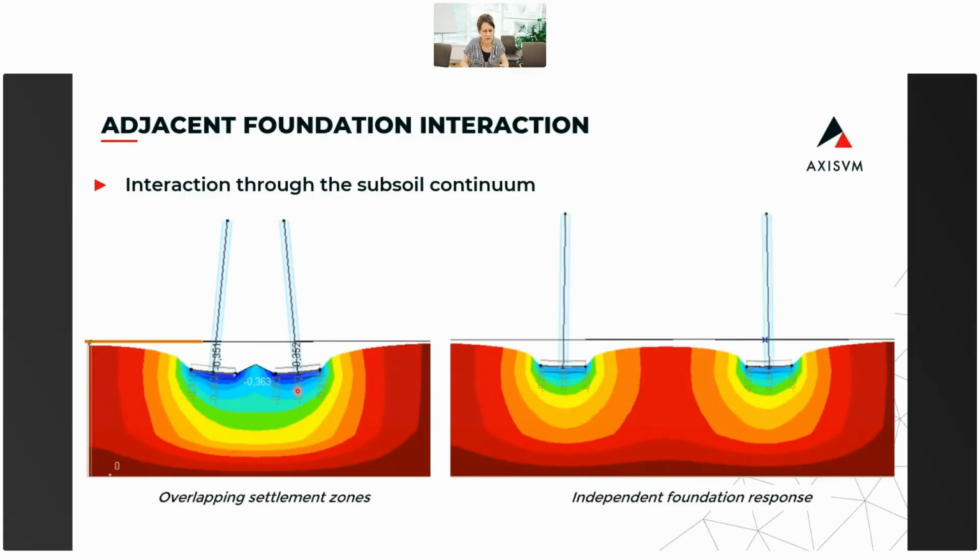This situation can occur, for example, at expansion joints, very close columns, neighboring buildings, industrial buildings, and heavily loaded cores. The structure itself may be separated while the soil remains a continuous system. This continuity creates interaction, and in certain cases, this interaction cannot be handled by using independent springs.